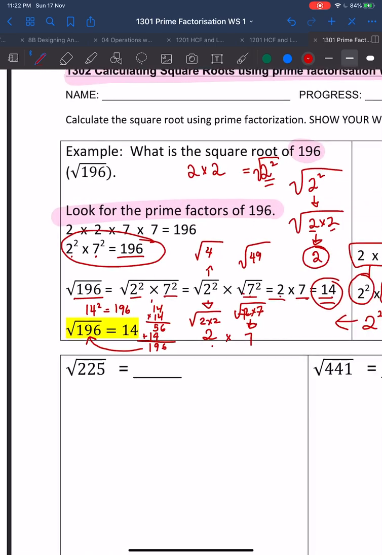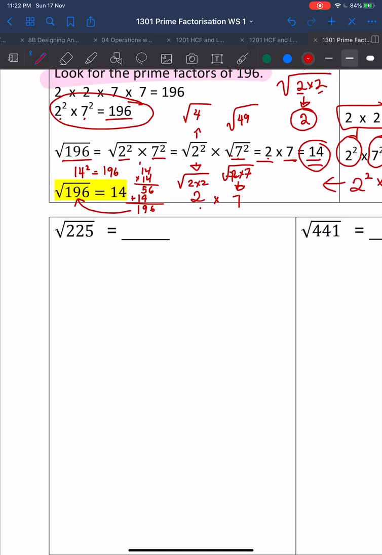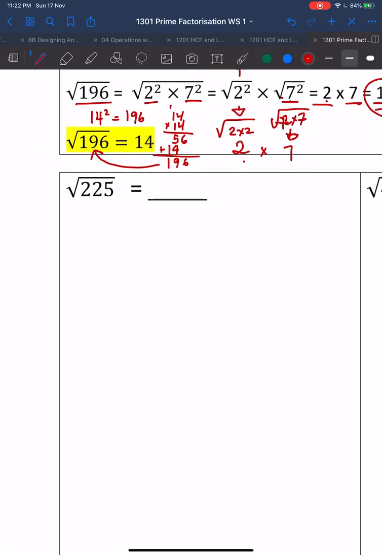Okay? So let's try it with the next example. Okay? Square root of 225. Let's look for the prime factors of 225. Now, since 225 ends in 5, we are very sure that this is divisible by 5.